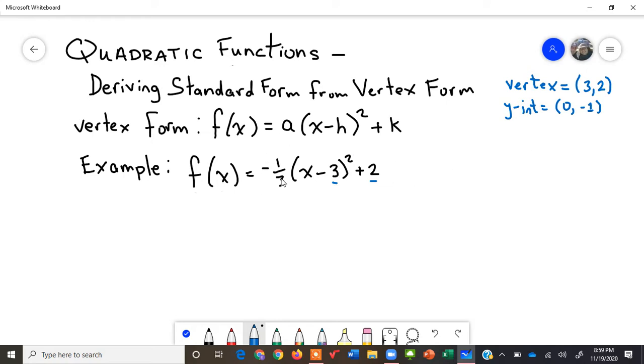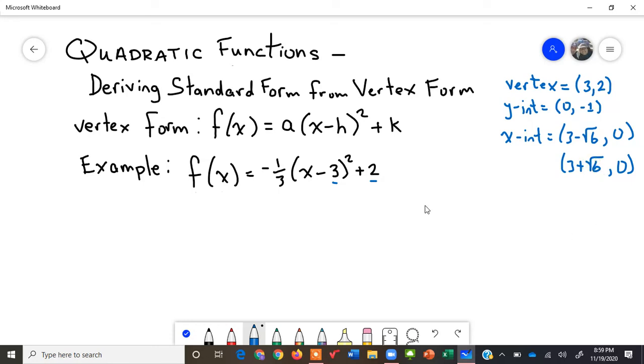And then to find the x-intercepts, we set the whole function equal to 0, and we found that whenever y was 0, there were two values that occurred: 3 minus root 6 and 3 plus root 6.